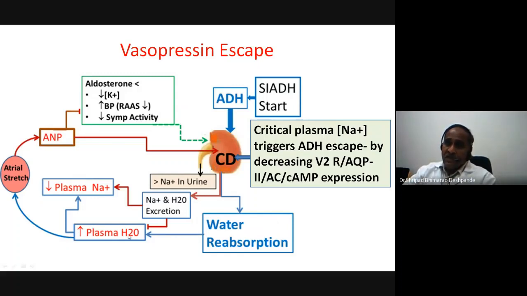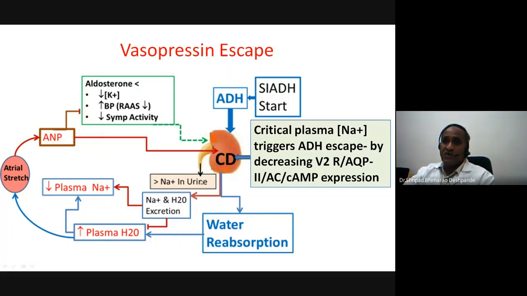Now, because of the volume expansion, the atrial stretch is there. This atrial stretch activates the ANP production, atrial natriuretic peptide production from the heart and the atria. Now, what it does, the atrial natriuretic peptide activates the collecting duct to excrete sodium and water.